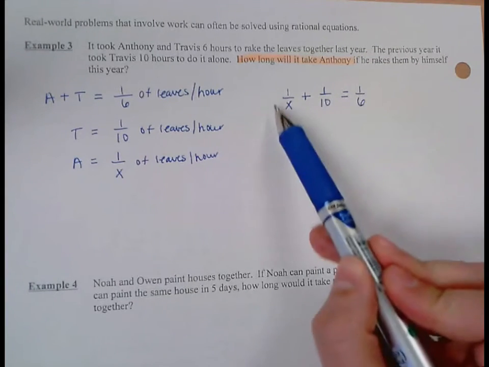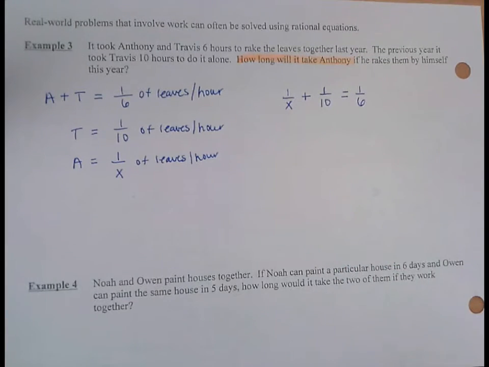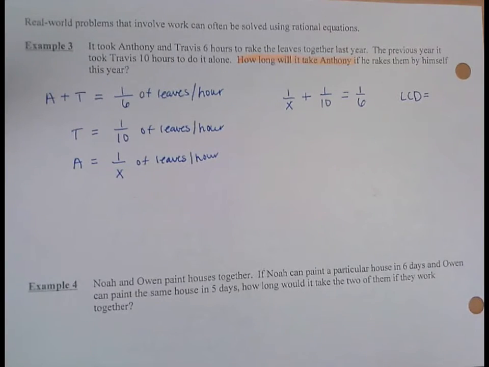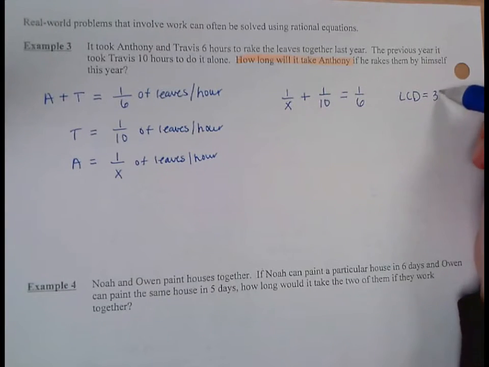This is now an equation like we learned to solve yesterday. So from here you need to find the least common denominator so that you can multiply everything by it. For x, 10, and 6, what's the least common denominator? 30x, yes.